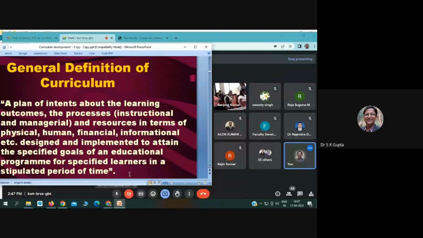But as per NEP 2020, that is not a fixed jacket now. Now we have some flexibility at every level.